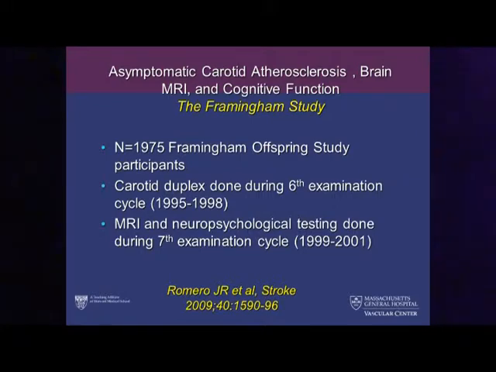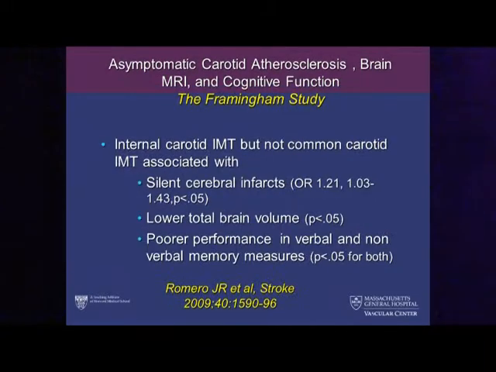There were close to 2,000 patients. Carotid duplex, MR and neuropsych testing were done over time. Dr. Romero and his colleagues found that internal carotid intimal medial thickening, but not common carotid disease, was associated with increased incidence of silent cerebral infarcts, lower total brain volume, and, as was talked about earlier, poorer performance in verbal and nonverbal memory measures.